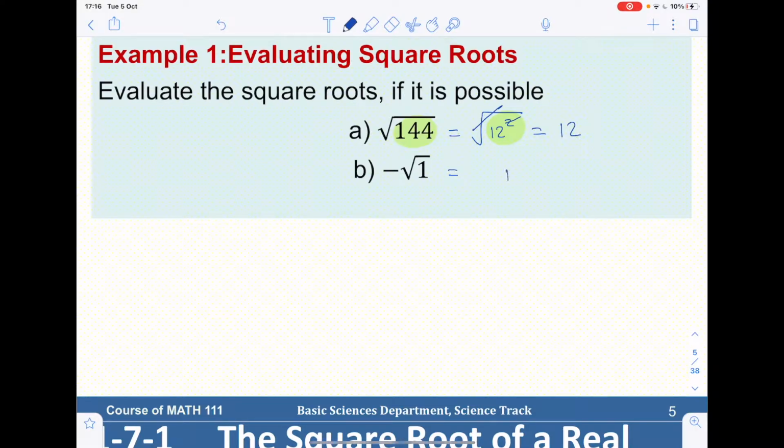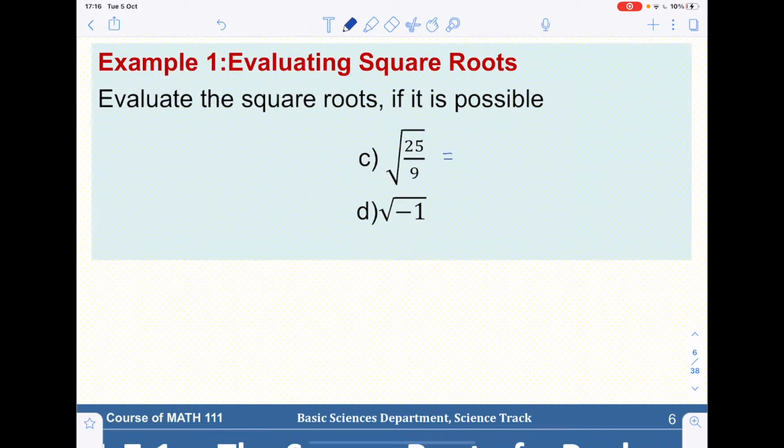You know that I can write 1 as 1 to the power 2. So I'll just put the square root as it is, and the negative as it is. I put the negative down because here the negative has nothing to do with the square root. Okay, so I just put it as it is. So now the root will cancel the power. I will be left with 1.